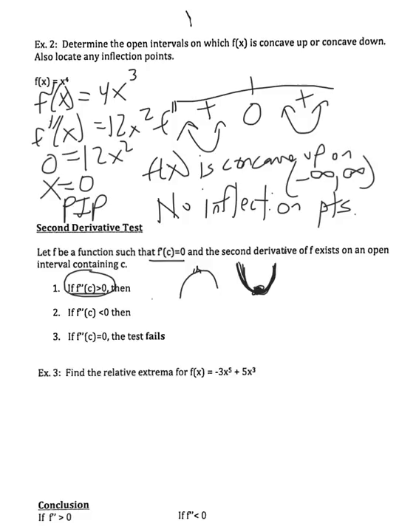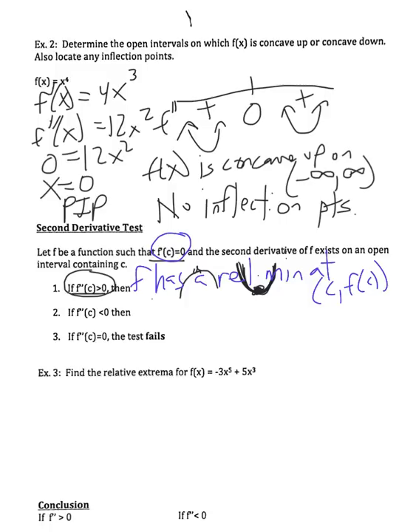In blue. So if f double prime is greater than 0, then f has a relative min at c, comma, f of c. But again, you have to put these two things together. So you find where the derivative is 0, and I'll show you how this works here in a second.